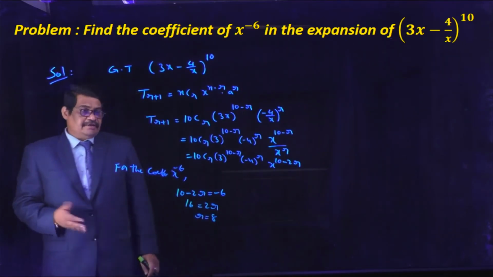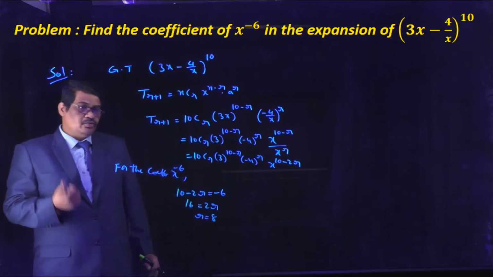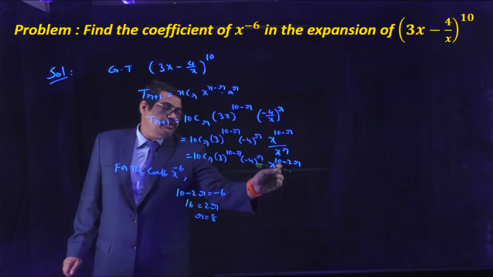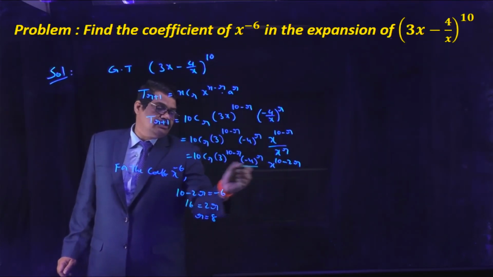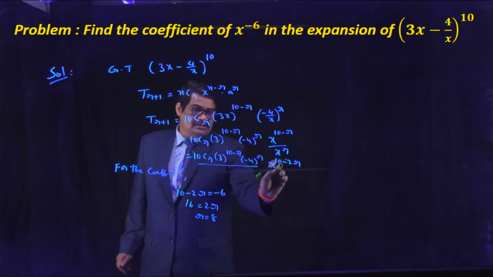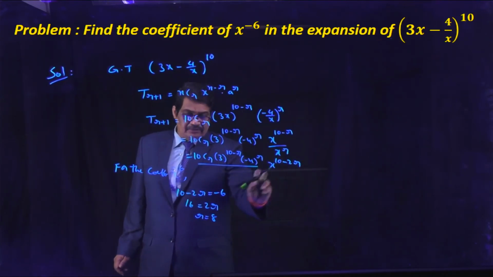Then we are getting r. What is the coefficient of x to the power of minus 6? So for this x power minus 6 we are equating it to minus 6, and from that we are getting r.